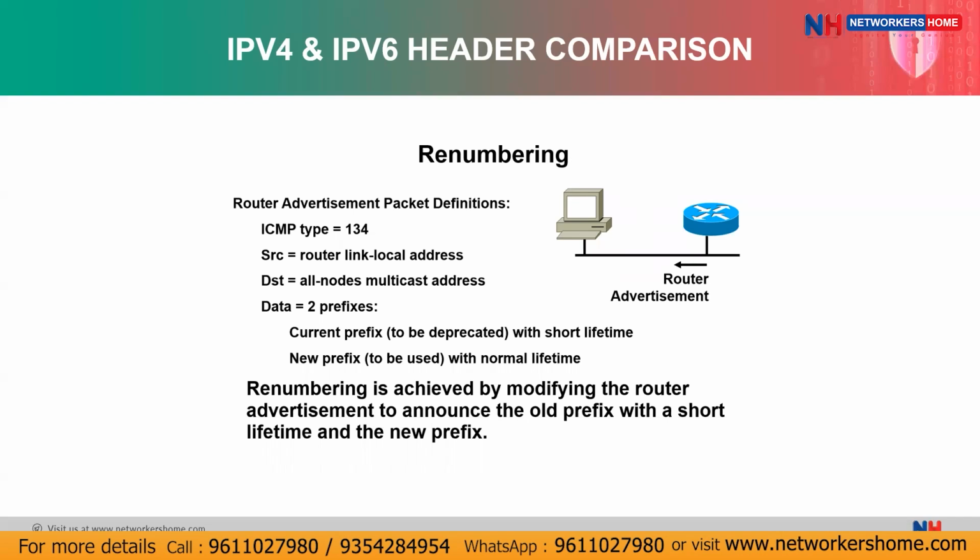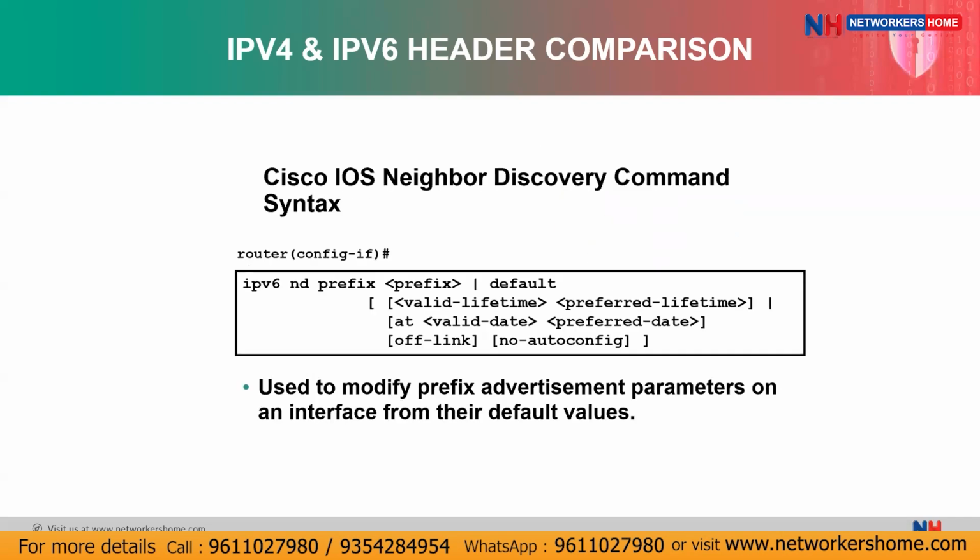Which server we have added newly, and which should get the preference first, is handled by the IPv6 neighbor discovery preferred part, where we have the prefix and the preferred. These are the options we have: neighbor discovery prefix, and by default the valid lifetime, preferred lifetime, valid data, preferred data, no autoconfig, used to modify prefix advertisement parameters on the interface from the default value.